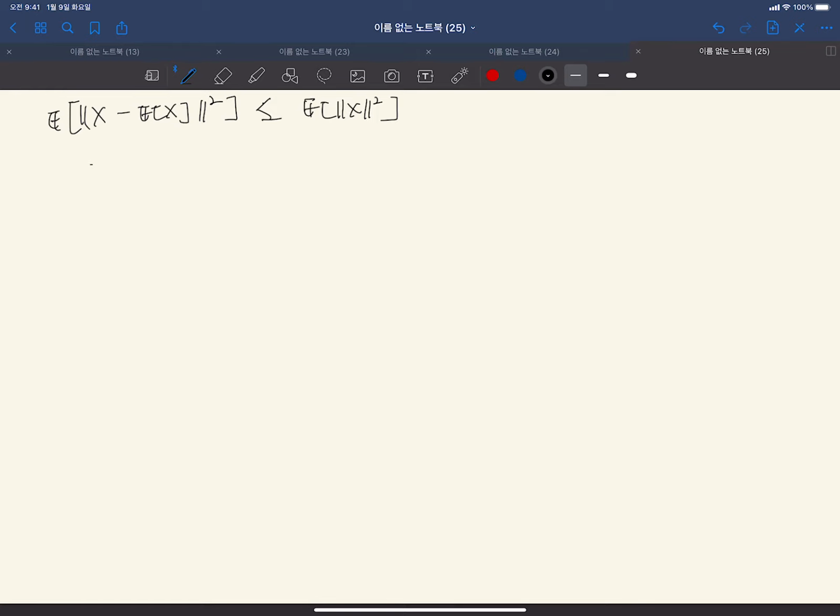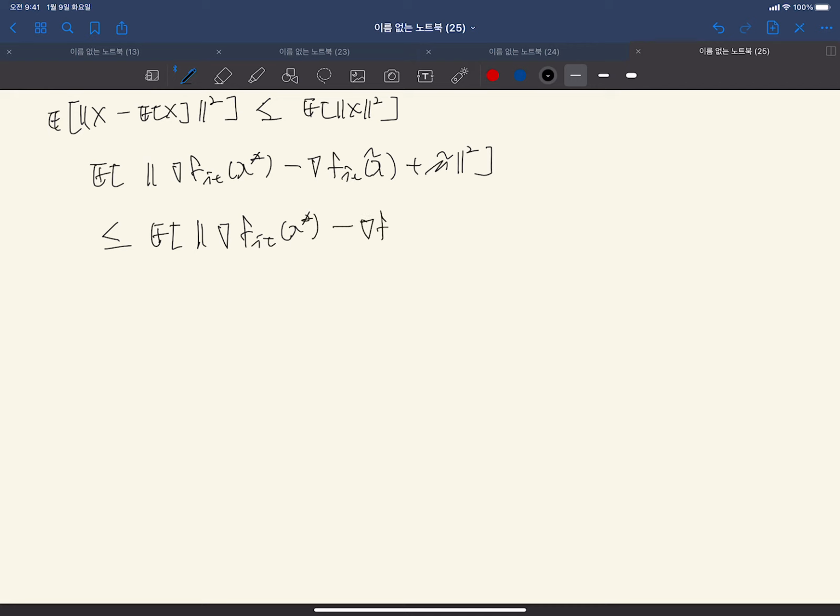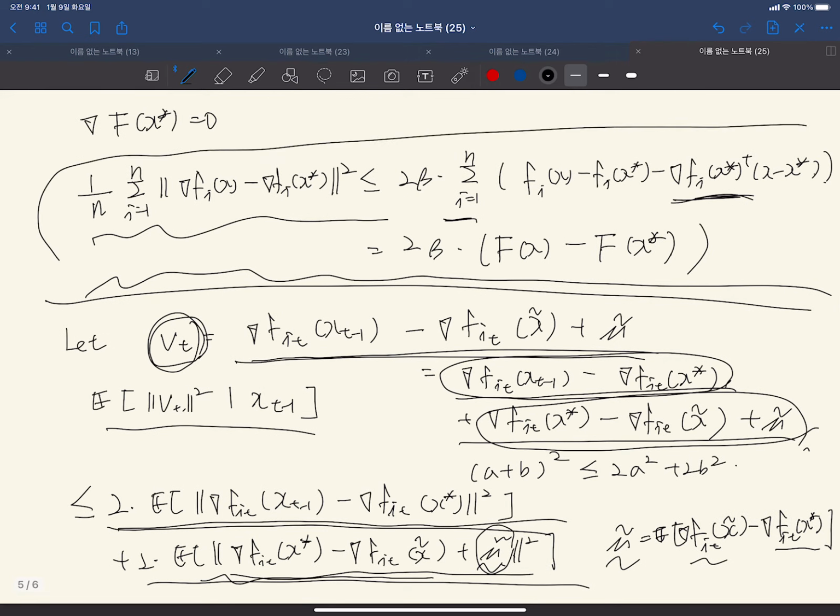Okay, from this, the expectation of the gradient of fit x star minus the gradient of fit x tilde plus mu tilde, norm square, is upper bounded by the expectation of the gradient of fit x star minus the gradient of fit x tilde, norm square. And again, we know this property from the previous inequality.